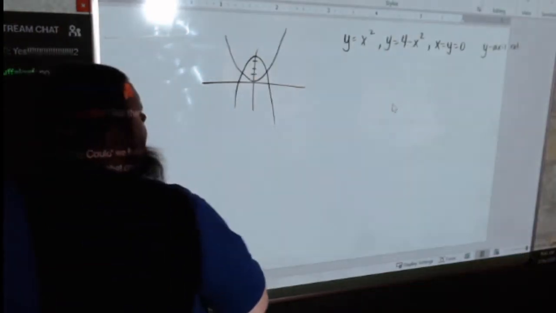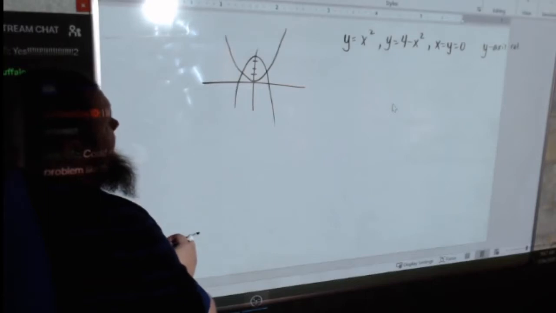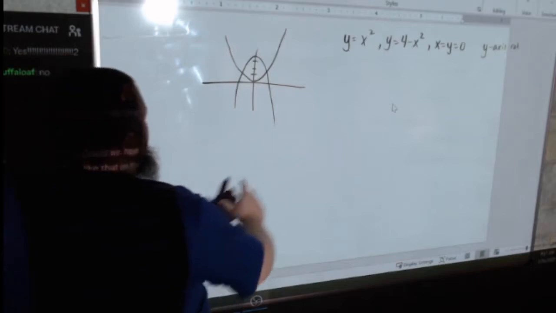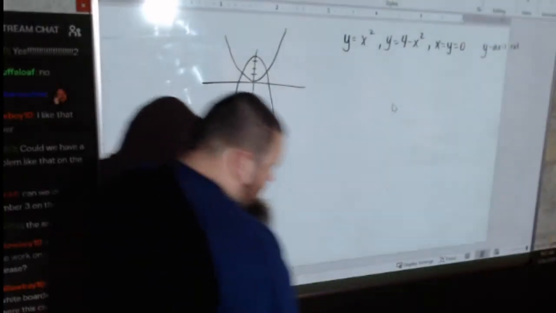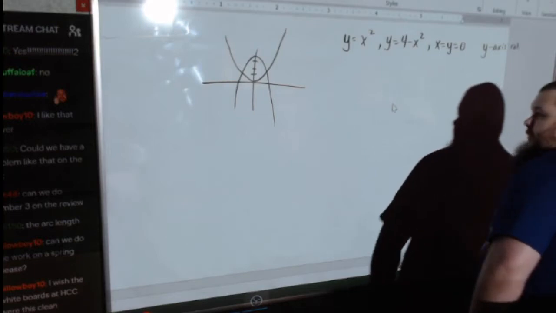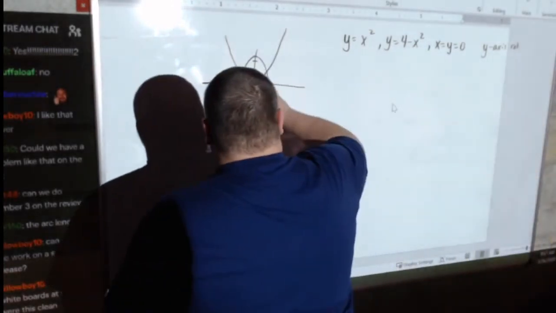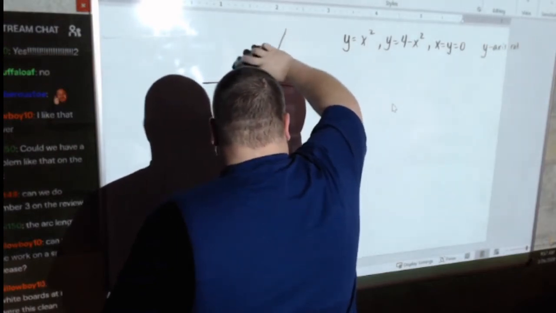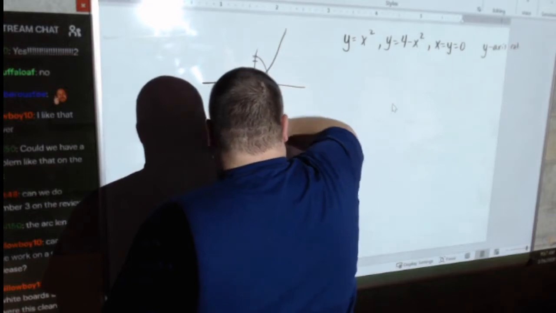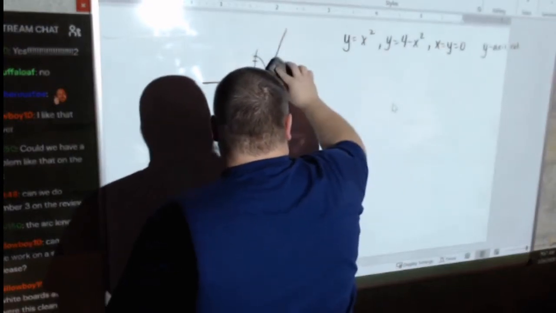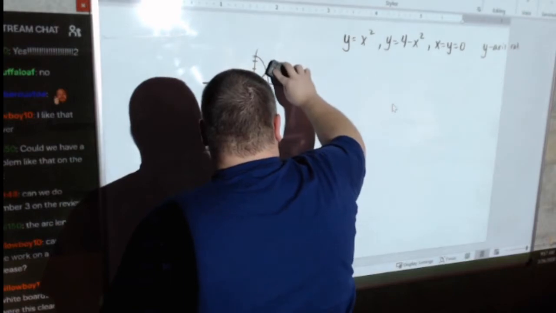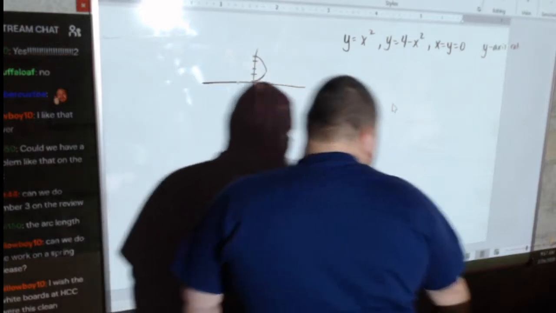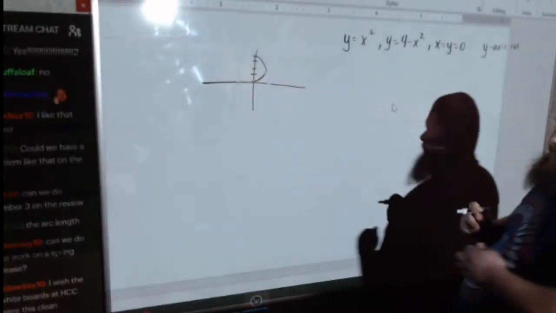So something like that. But then it also says it's bounded by x equal y equals 0, which really means in the first quadrant. So I can forget about everything over here for now. And then I don't need anything beyond where they intersect. Okay, so that piece there.